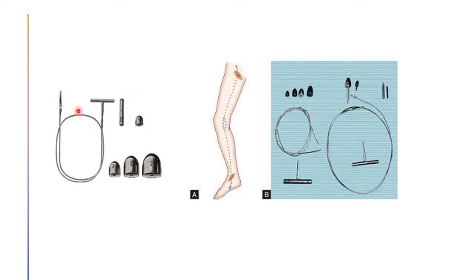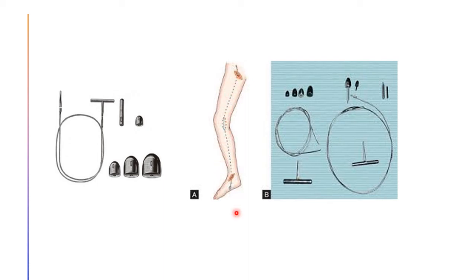Once you have attached a head, you push the stripper down from the saphenous vein right down the leg. Then at the tip where the head is attached, once it's in place, you can slowly apply some traction and pull the stripper until it brings along with it the long saphenous vein.